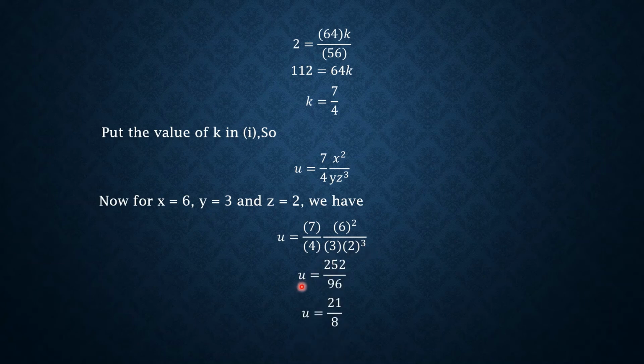Now this equals 7 into 6 square. 6 square will be 36 and 36 into 7 is 252. Now 4 into 3 into 2 cube, which is 8, gives the product as 96. Now by simplification, we have u equal to 21 by 8.